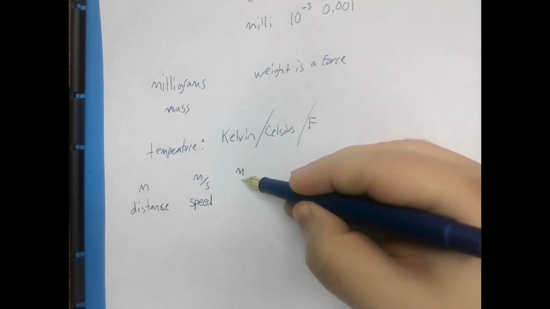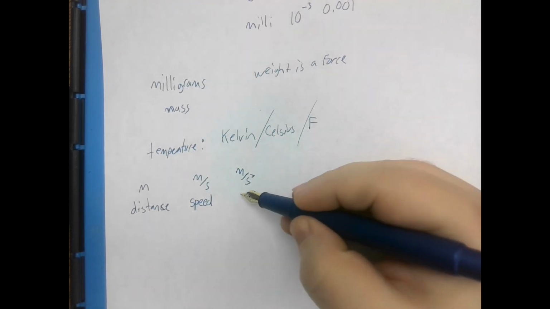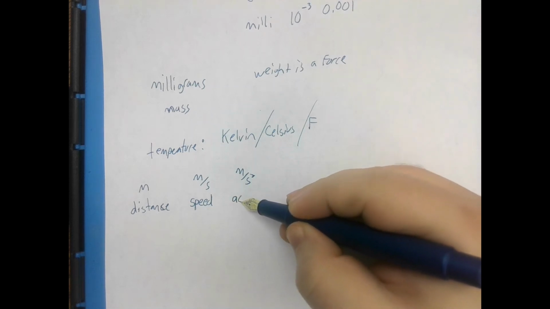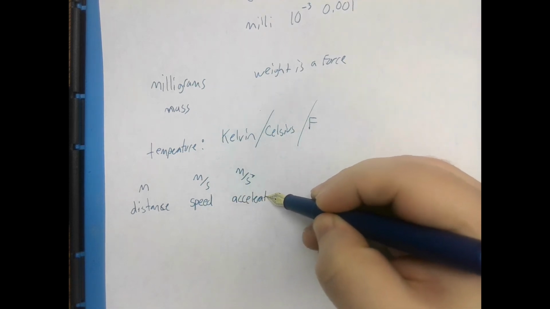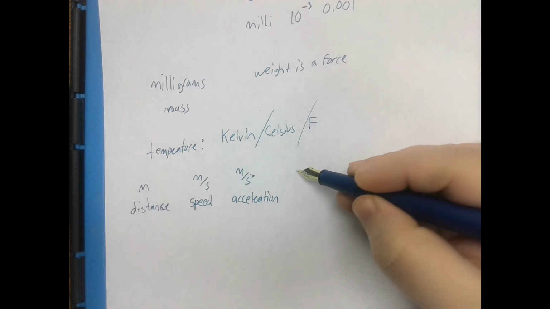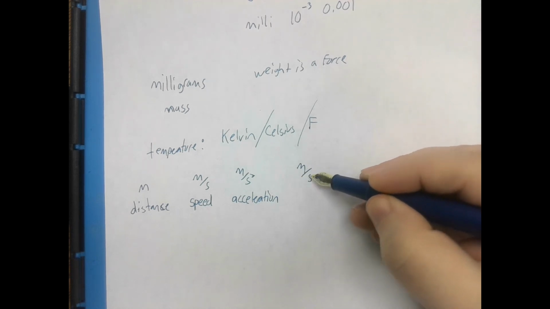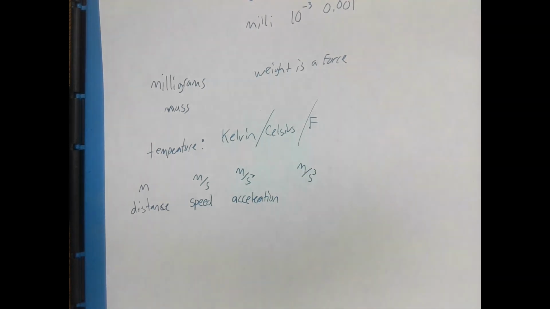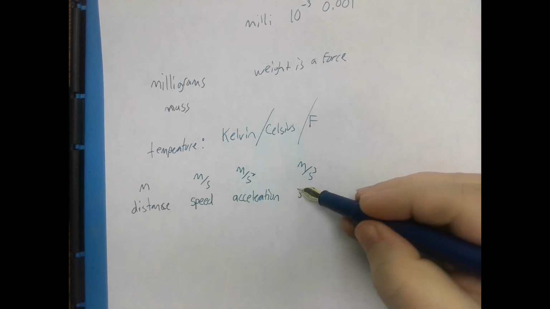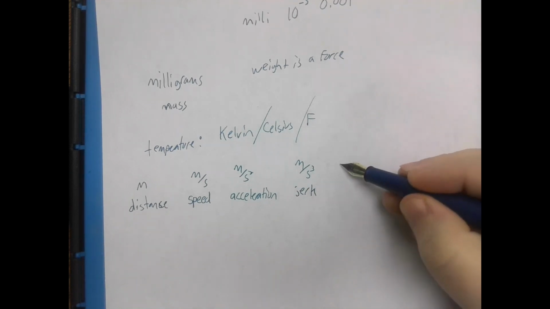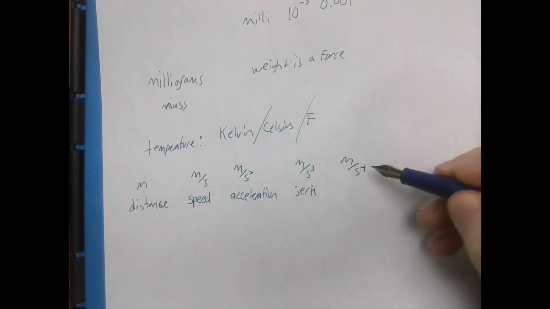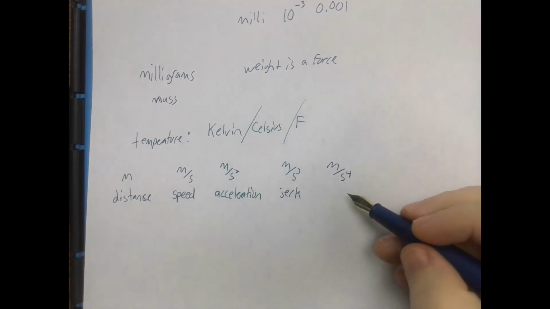A meter per second squared is a measure of acceleration. What is a meter per second cubed? That would be a jerk.